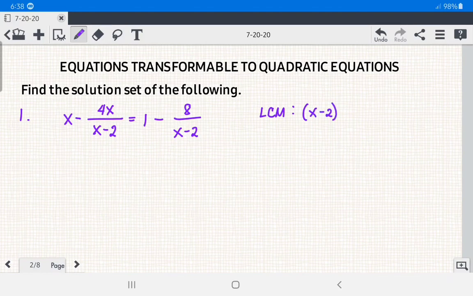Why? Because in the first term, the denominator is 1. In the second term, the denominator is x minus 2. On the right side, the denominator of the first term is 1, and here the denominator is x minus 2.